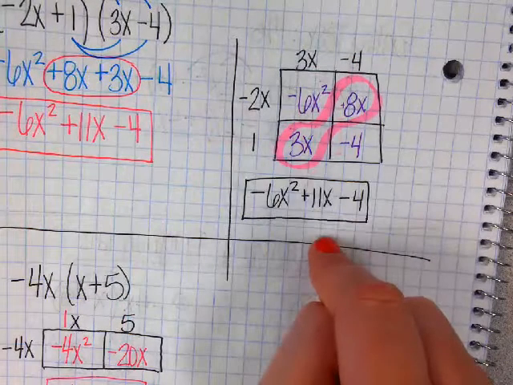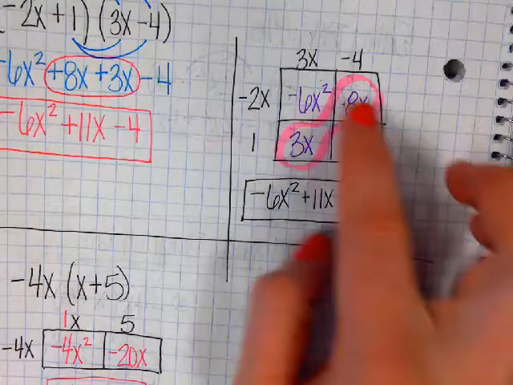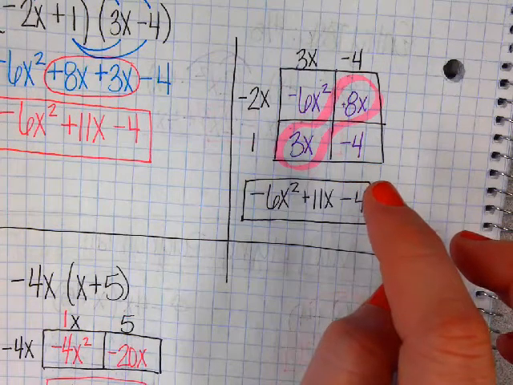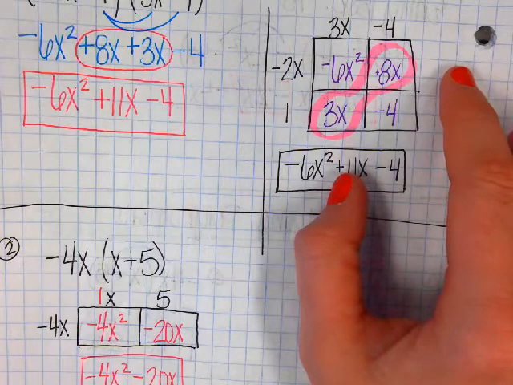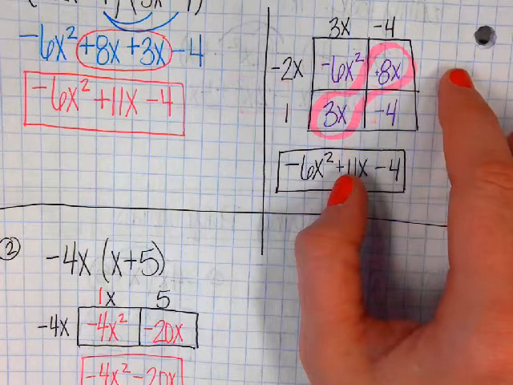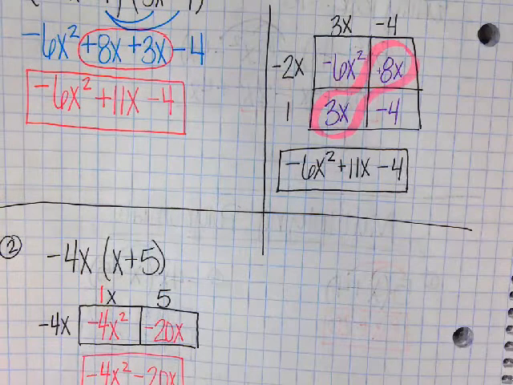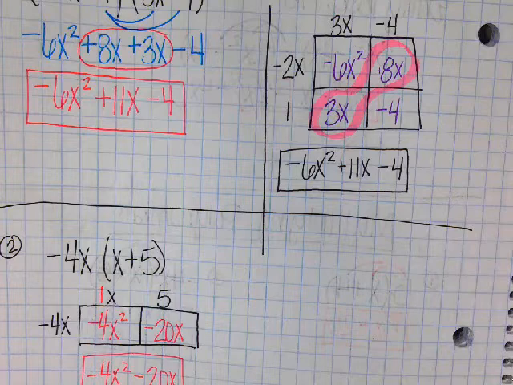You're going to get something that looks like this, or something that looks like this, and it's going to ask you what two things multiplied to get that. I am going to show you a trick that if you use this box, it will make it a lot easier. So please at least work one problem using the box just so that you can make sure you understand how to work it. But if you want to do the distributive on every single one of them, do the distributive on every single one. It doesn't matter to me.